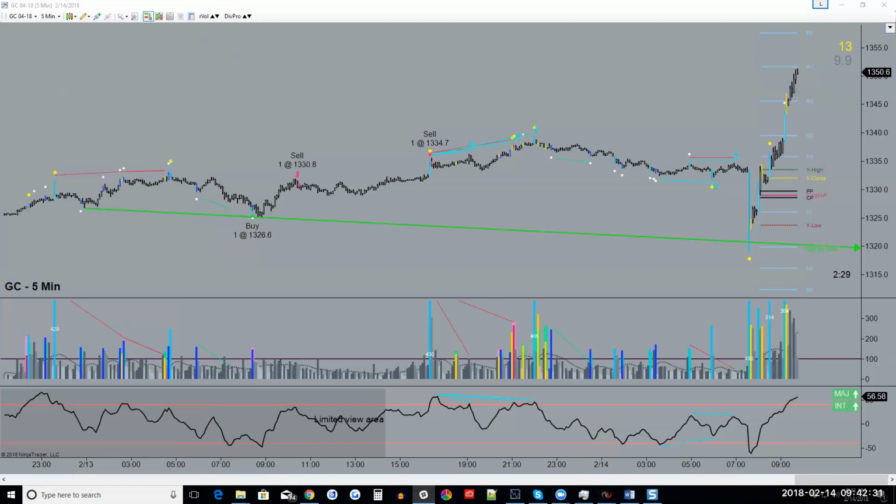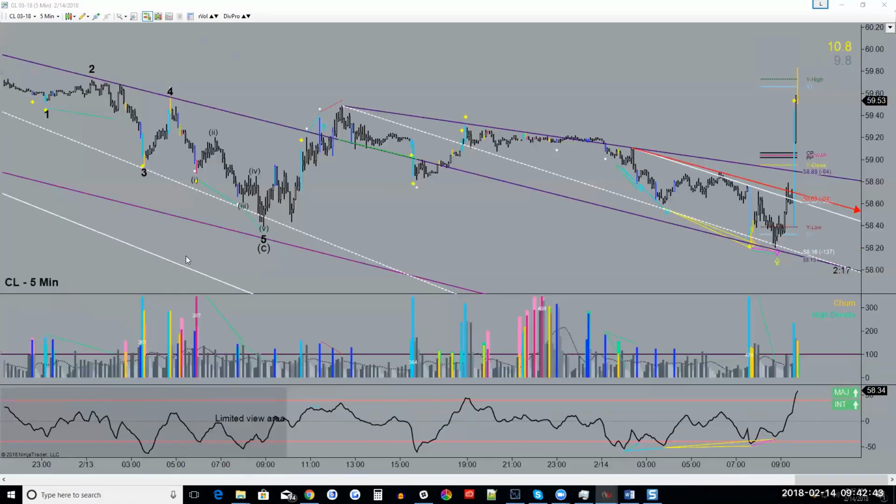Dan, you still long in crude? No, he got scared. Yeah, I wish I would have held it. It came back there pretty close. You didn't have any heat on that, man. No.